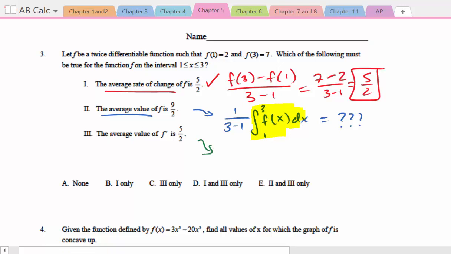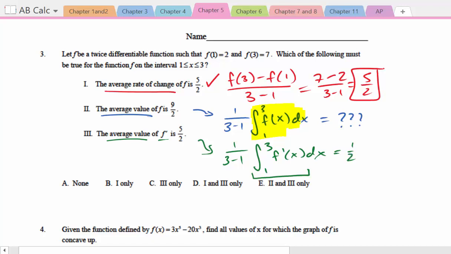Lastly, we have the average value of f prime. That's 5/2 as well. So average value of f prime would be the same formula, except it's f prime of x. In this situation, this is actually capable of being computed.